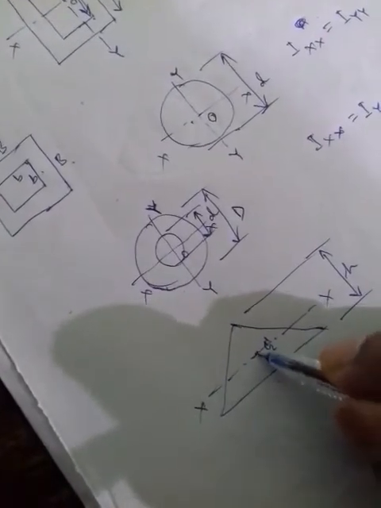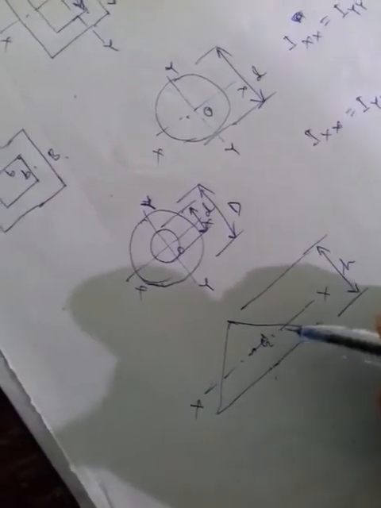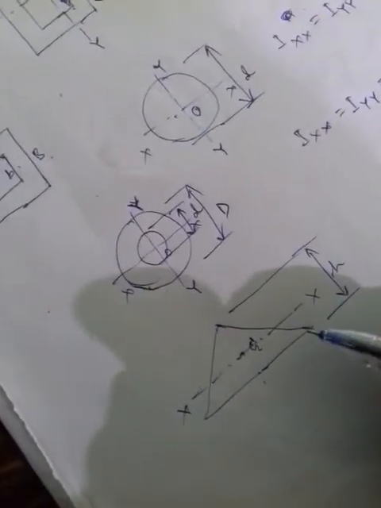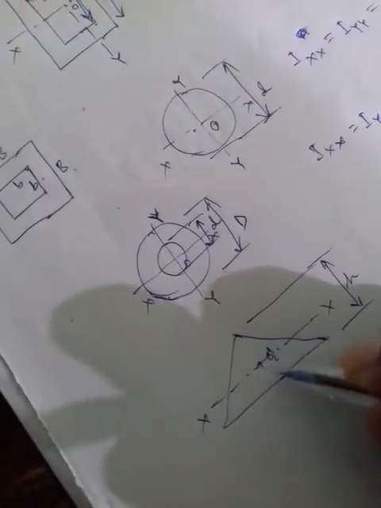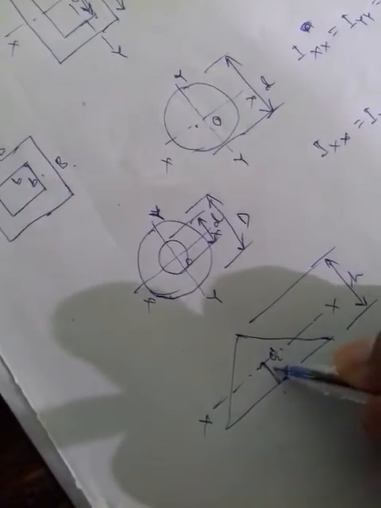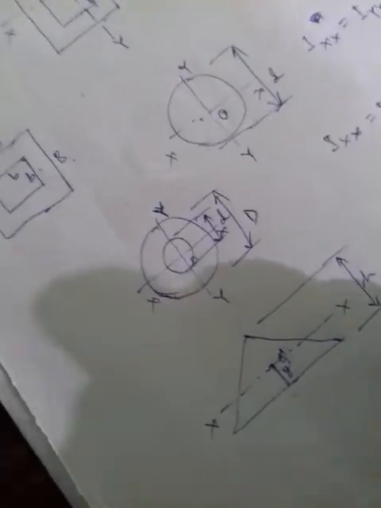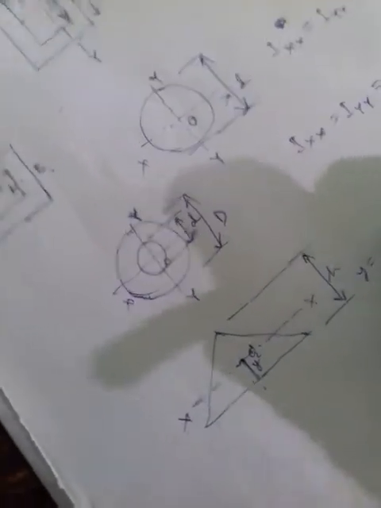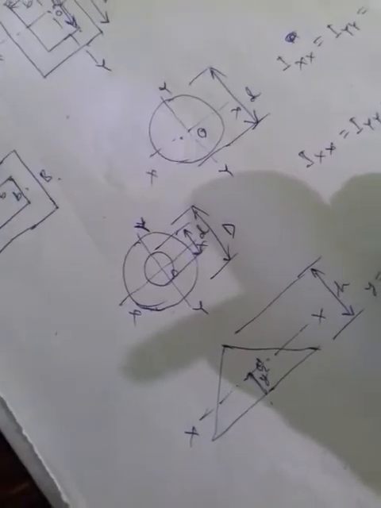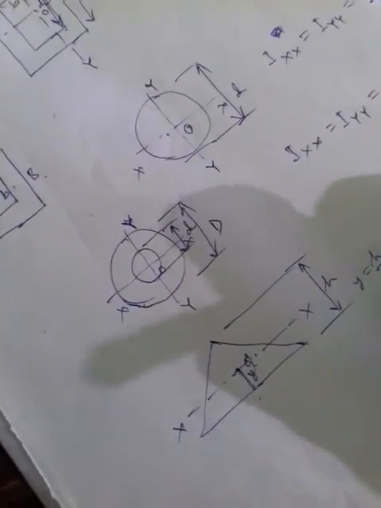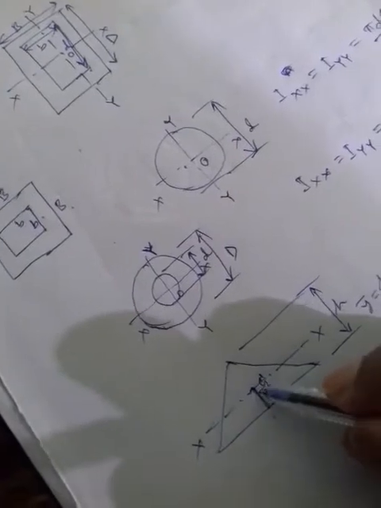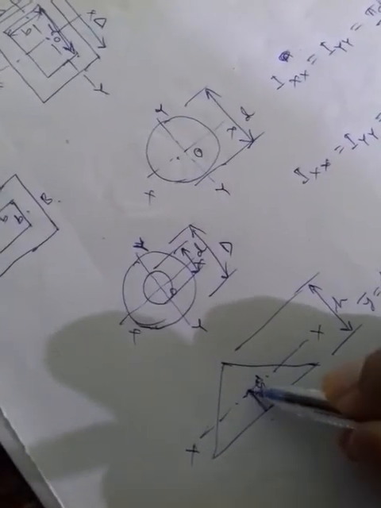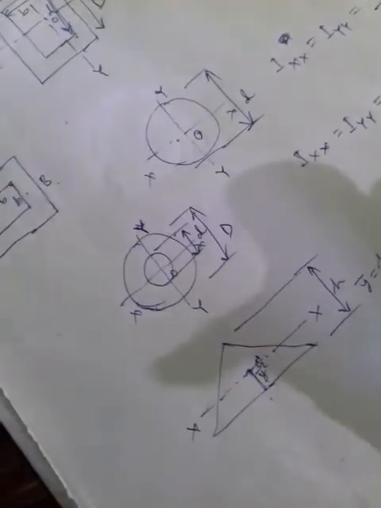the height of the CG from the base of the triangle will be 1/3 of the height. In this case, if this length is the y coordinate, then y bar equals h by 3. So this length from the base to the CG is 1/3 of the total height of the triangle.